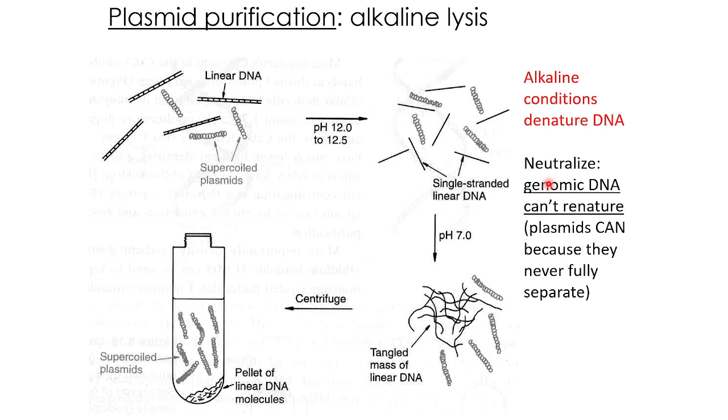But the plasmids can be renatured because they are smaller than the genomic DNA of the particular organism, and they can be easily renatured by a neutralization buffer using magnesium acetate, etc. So there is a tangled mass of linear DNA. So you centrifuge it, the pellet of the linear DNA molecules falls, and you get the supercoiled plasmids.